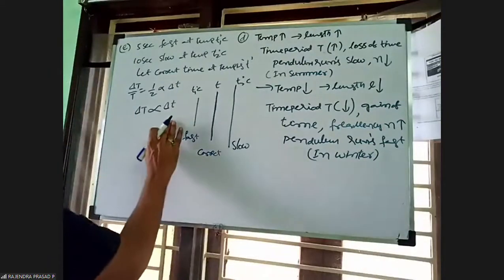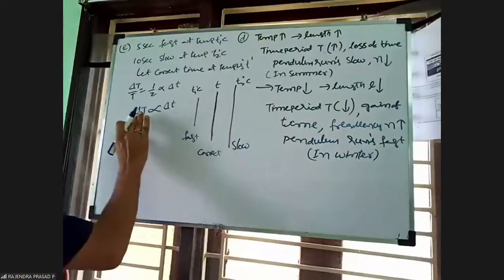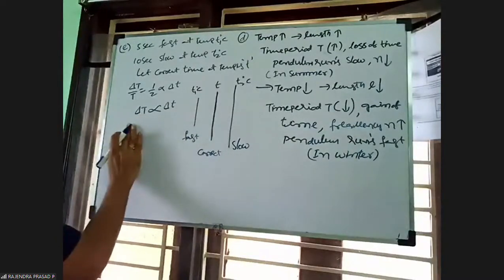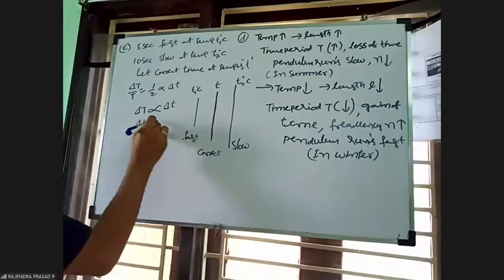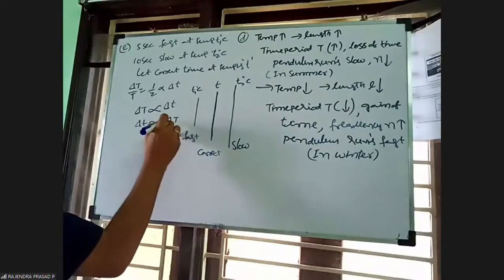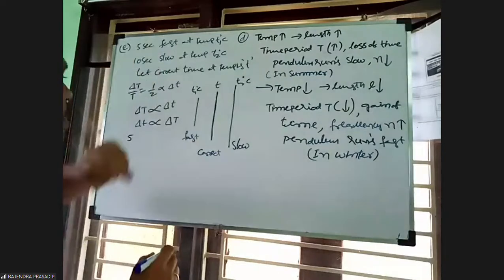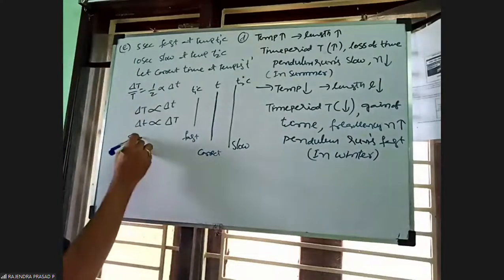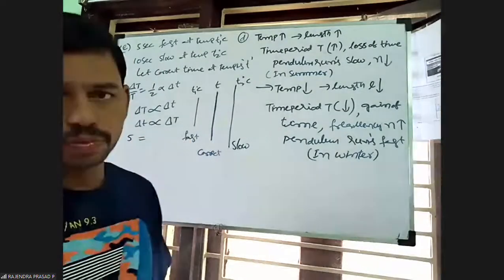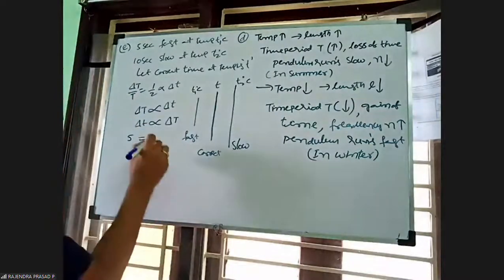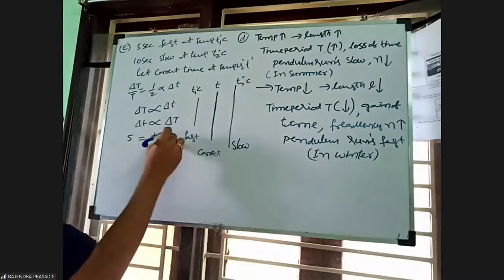For example, delta capital T is the temperature difference. For example, 5 seconds, and 5 seconds means fast. What is the temperature difference? That is T minus T1.